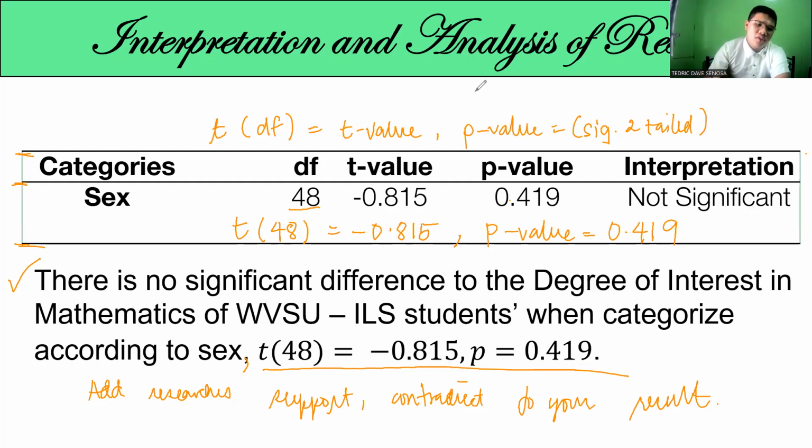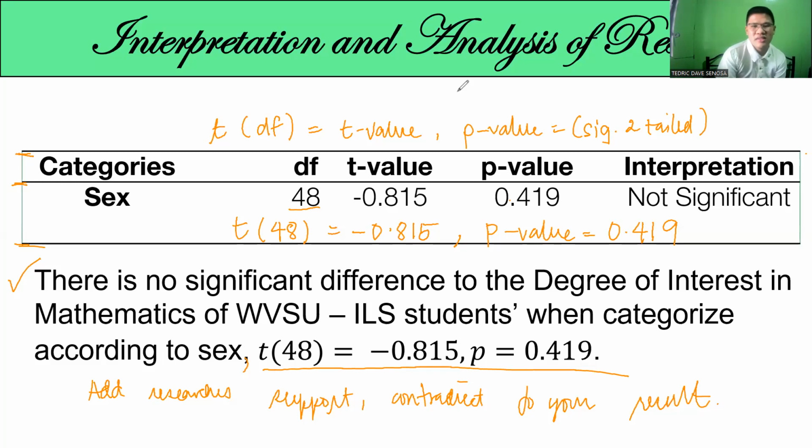With, of course, citations. So you put there, in contrary to Sinosa 2022, for example, that male students usually are higher or have a significant difference when it comes to their degree of interest in mathematics.